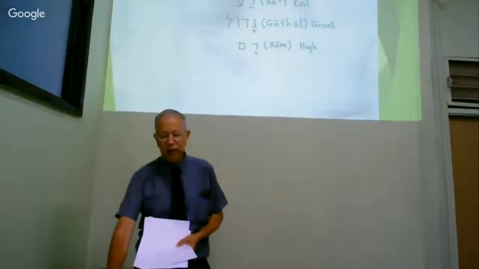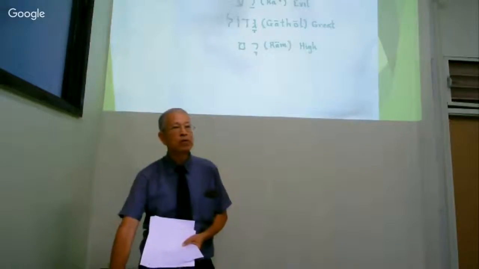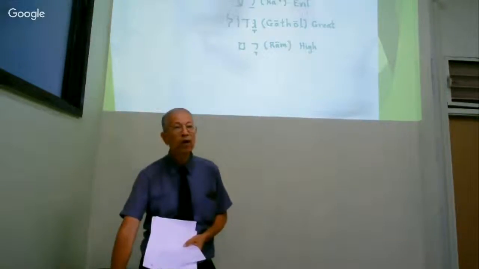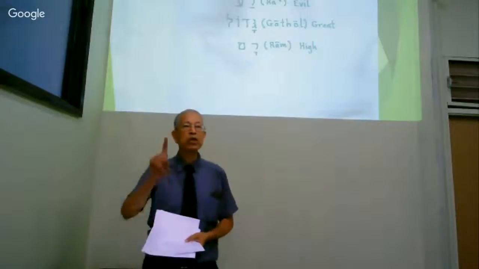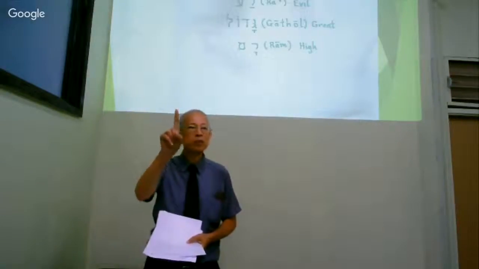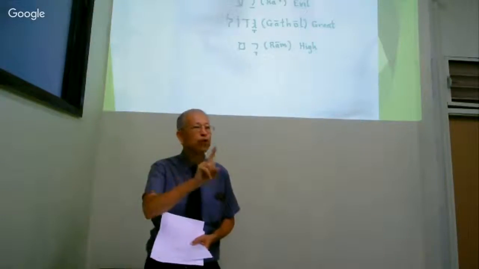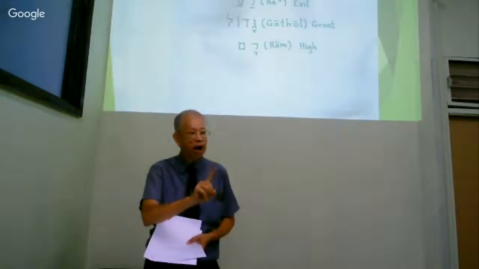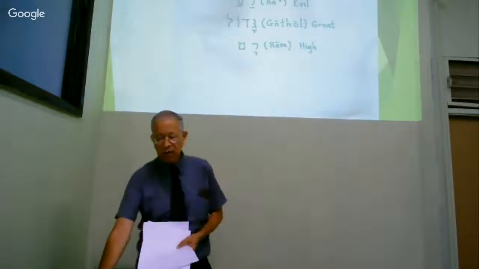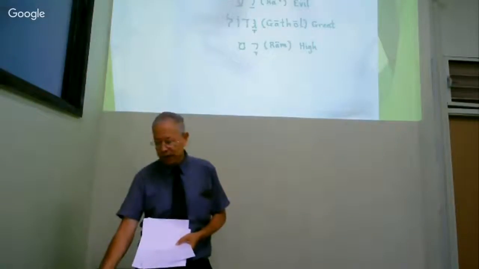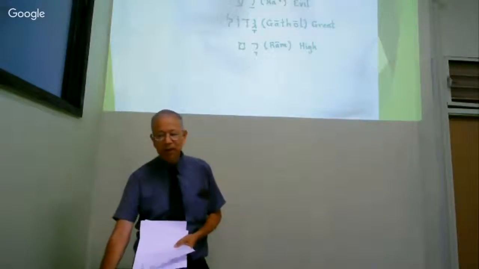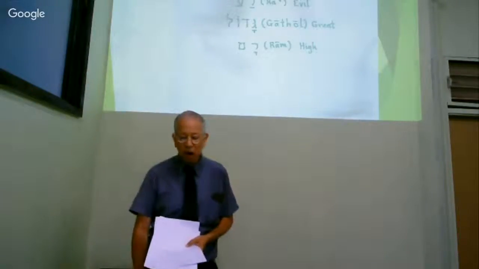So each of these endings in the masculine singular adjective are different because there is not one special ending for the masculine singular adjective, just as there is no one special ending for the masculine singular noun.